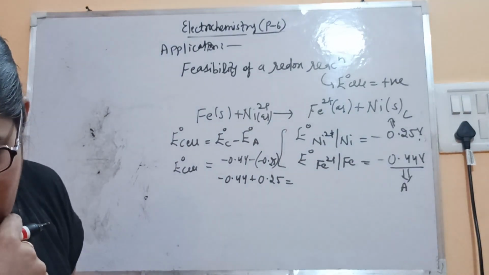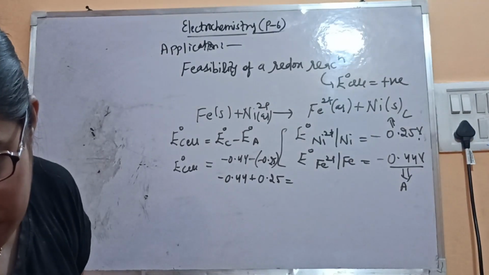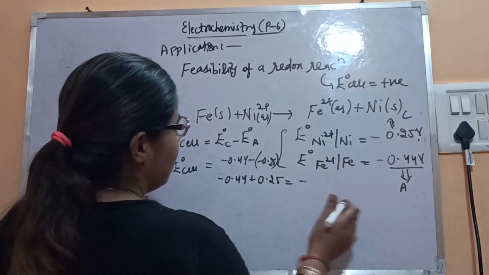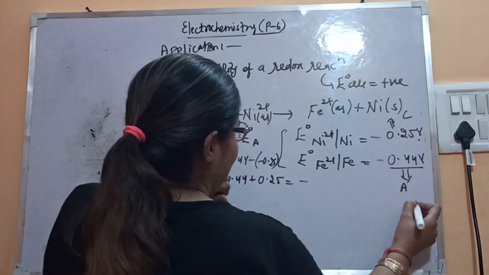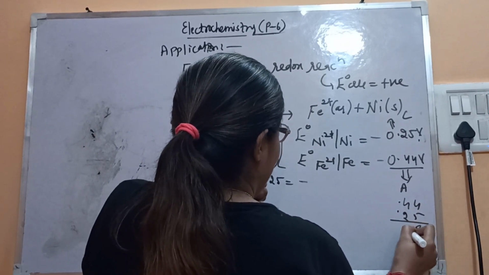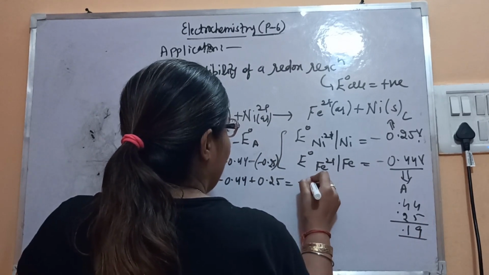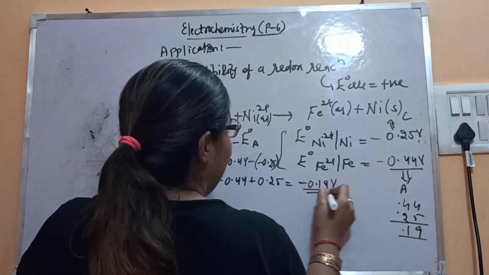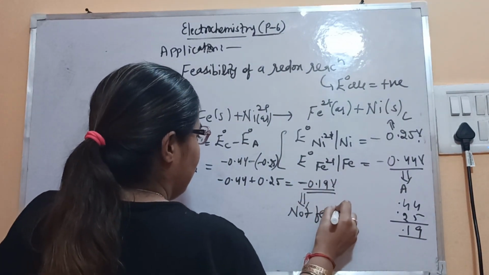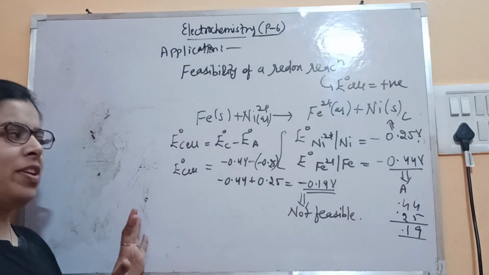It gives you the value which is coming out to be in the negative, okay. Minus 0.19 volt. Now it indicates that reaction is not feasible. So this indicates that the reaction is not feasible.